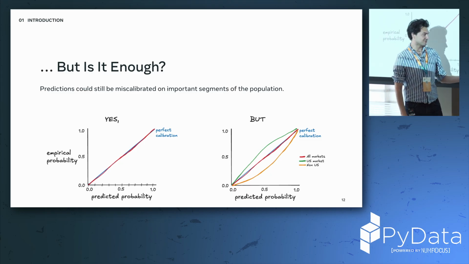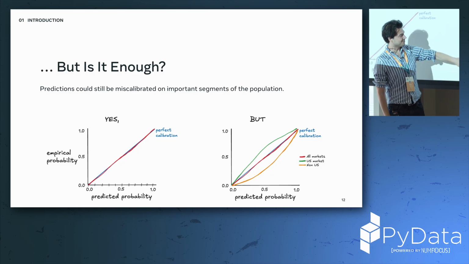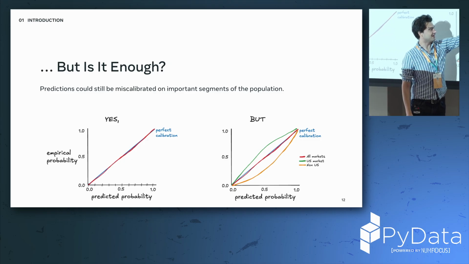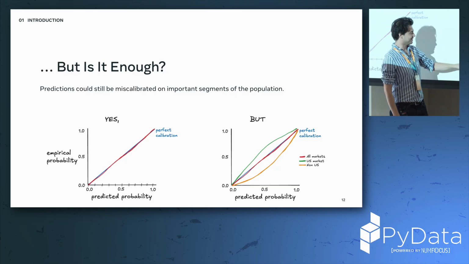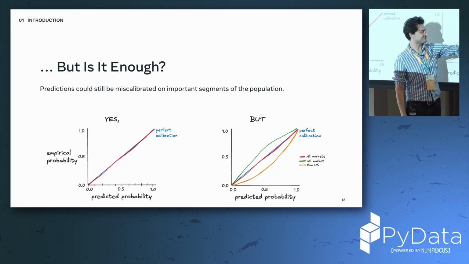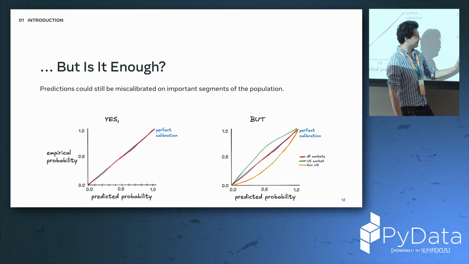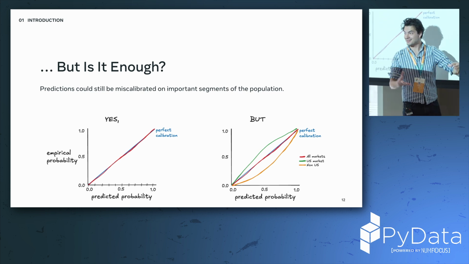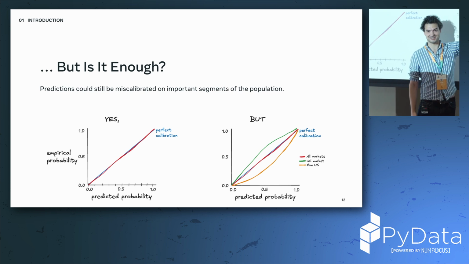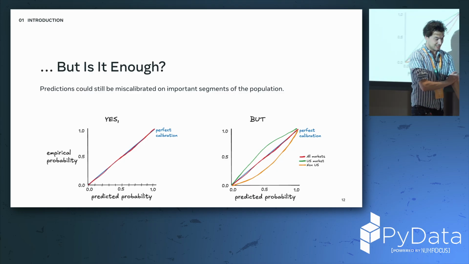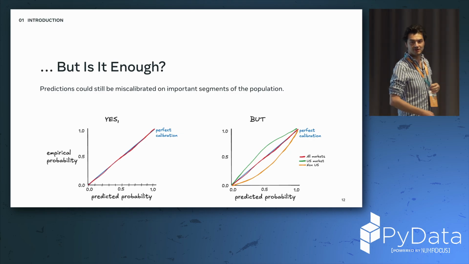For example, all your data may give a calibration curve that looks nicely like this red line. But if you split it between all the data in the US and all the data outside of the US, you get a curve like this and a curve like this, and combined they nicely cancel out. But in subgroups, we are not calibrated.